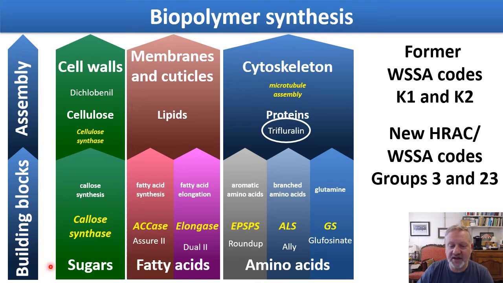Other than these three enzymes involved in the synthesis of the building blocks of aromatic amino acids, branched chain amino acids, and glutamine, there are herbicides that inhibit proteins involved in assembly, like trifluralin. These are the group 3 and group 23 herbicides.